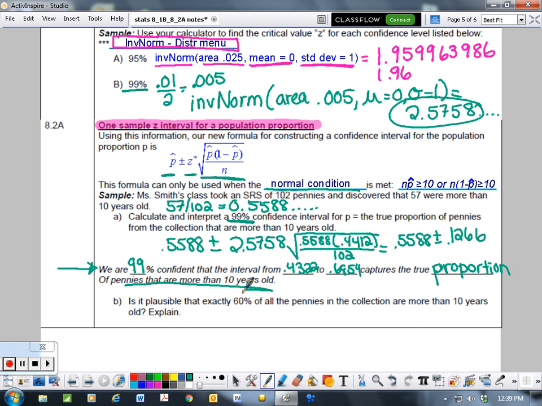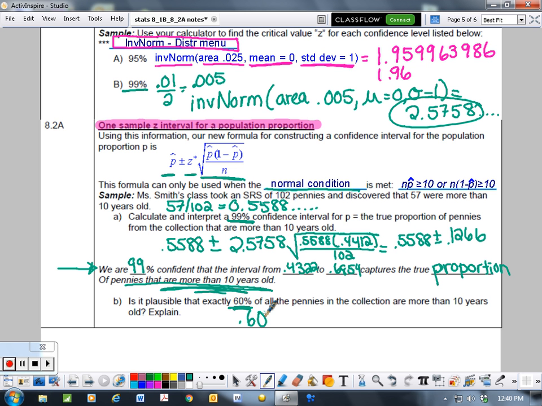So this is going back to our problem. Now the question is, is it plausible that exactly 60% of the pennies in the collection are more than 10 years old? So now they're asking you to look back at that confidence interval and ask, is 0.6 in my confidence interval?